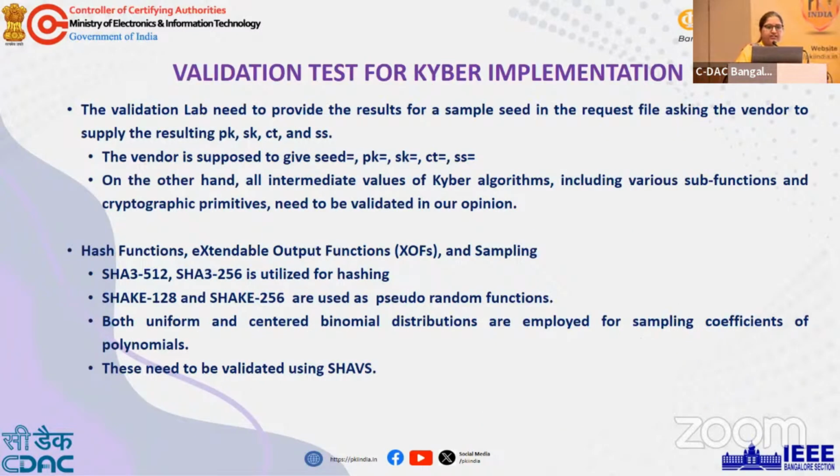For our validation purposes, we need the vendor to provide all the intermediate results: the seed, PK, SK, CT, SS, and all the intermediate values of the Kyber algorithms, including various sub cryptographic primitives and hash functions. The output of all this has to be submitted to the lab.